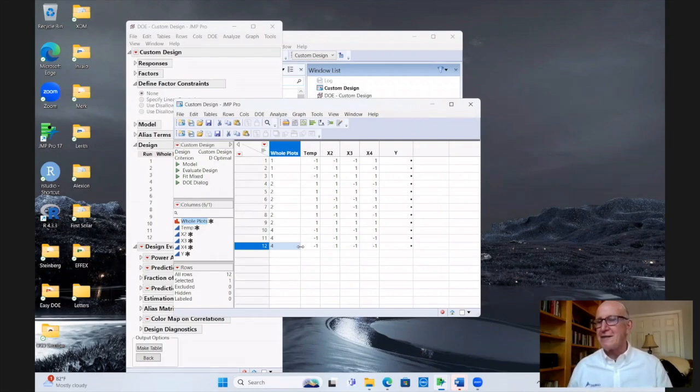So it's a dangerous game to pretend that your whole plot variable doesn't really have a random effect associated with it.